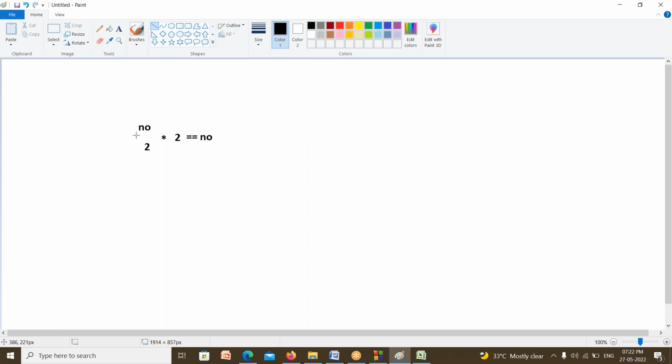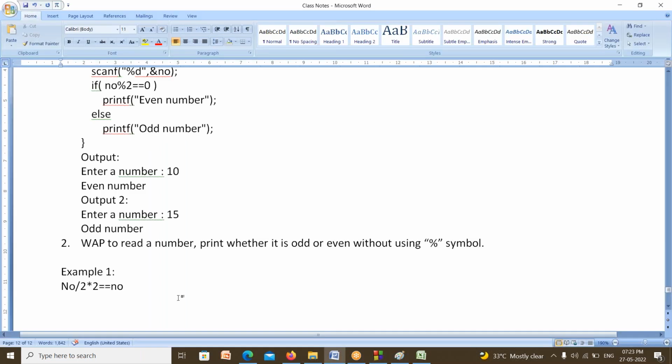Priyanka is saying it is always true. Do you agree with Priyanka? Yes. Why? Because 2 and 2 cancel. Now number equal to number. Yes, it is true. But I will explain 2 examples.